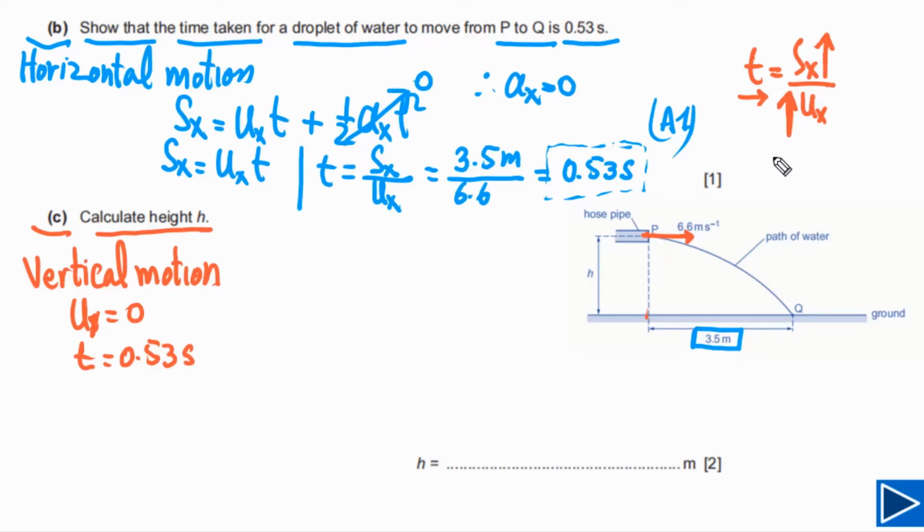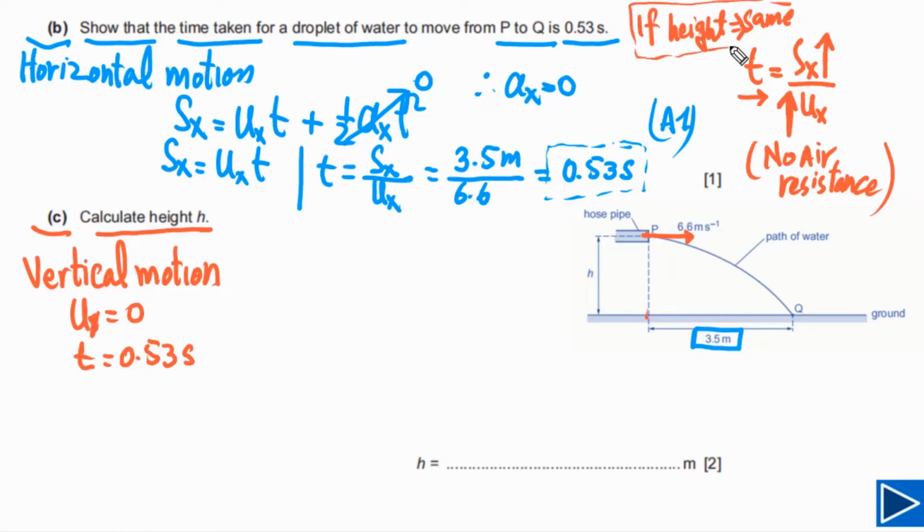We are talking about the ideal case, no air resistance. If you increase Ux, Sx will increase, but time taken will stay the same if height is the same. If we don't change the height, time taken will be the same if we change the horizontal component of velocity.